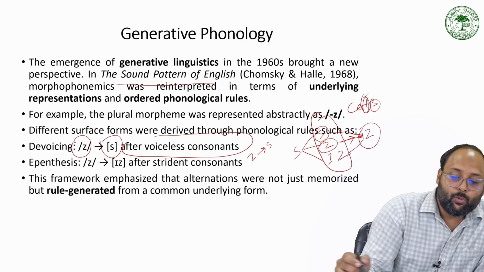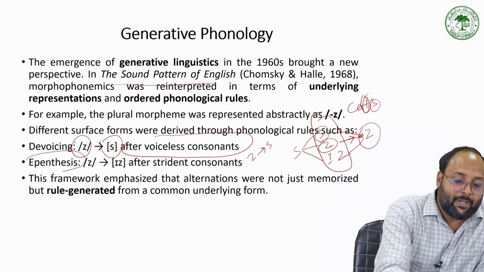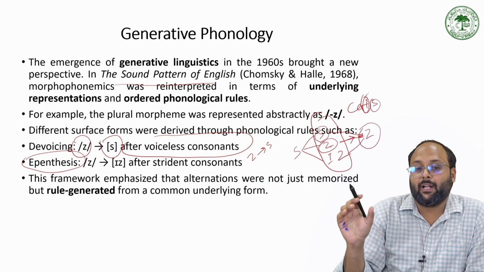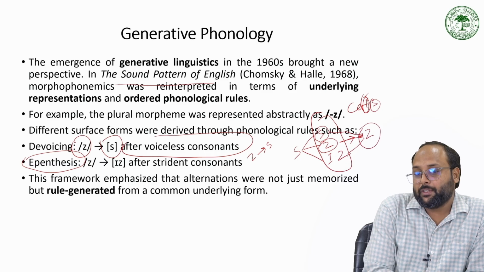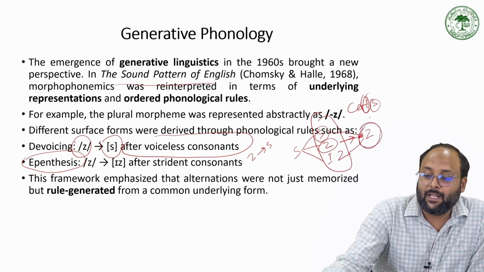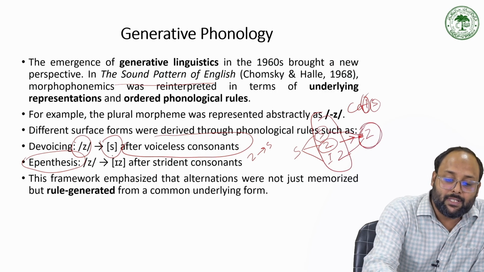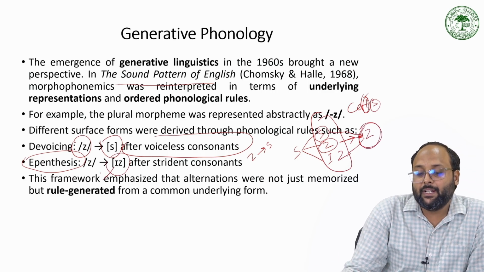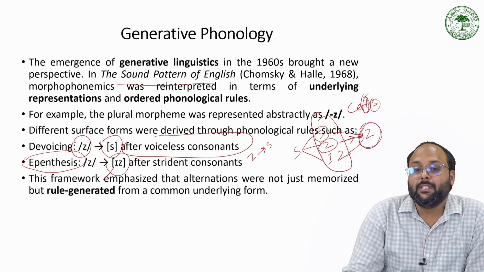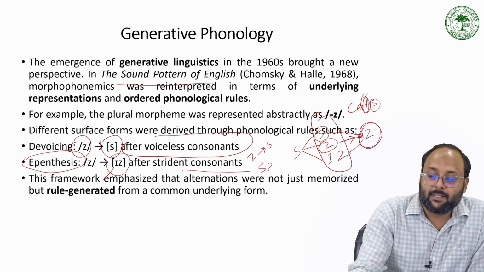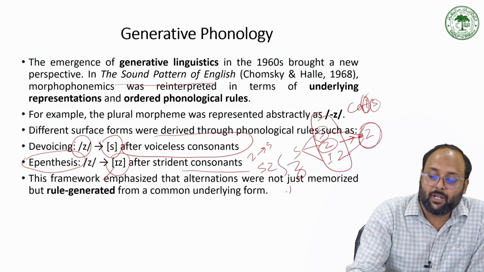There is another rule, which is epenthesis. In the epenthesis rule, we are adding certain vowels. The underlying representation is za, and za changes into is. So we are adding the e vowel here after the strident consonant. The strident consonant means the sibilant consonant, like sa, za, sha, ja, cha.